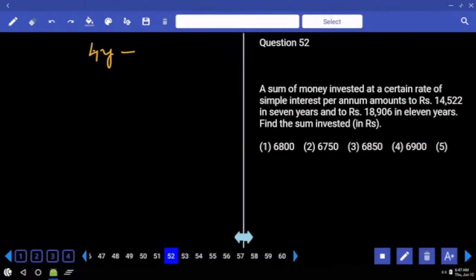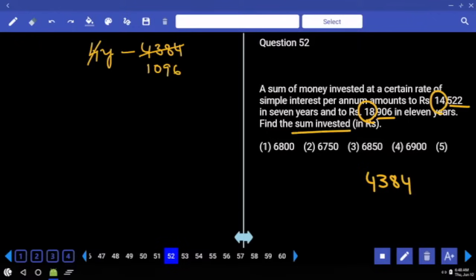So take the difference between both the numbers, 18,906 minus 14,522, which is 4,384. So 4 years interest is 4,384. Per year interest will be divided by 4 only: 1,096. This is 1 year interest.